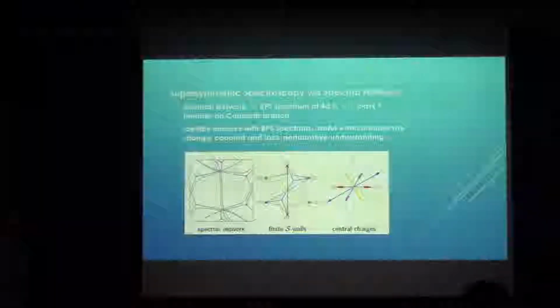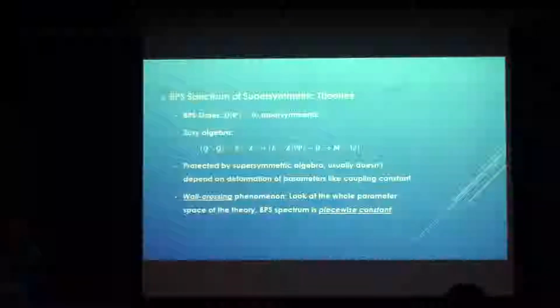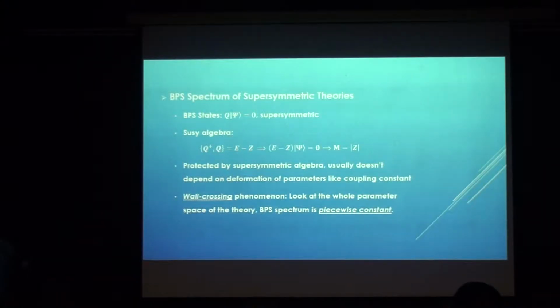So as we see, the spectrum is a good sign, a good observable of the theory. If two theories look very different, but after some analysis we find they have the same spectrum, there is a very good chance that these two theories are just identical. We're just looking at them from different aspects.